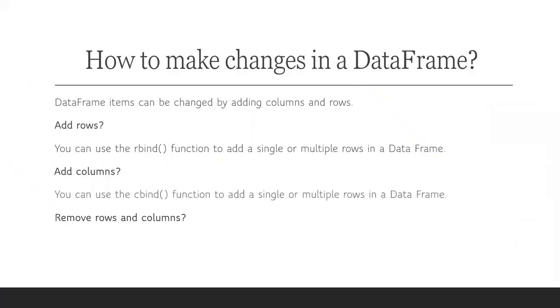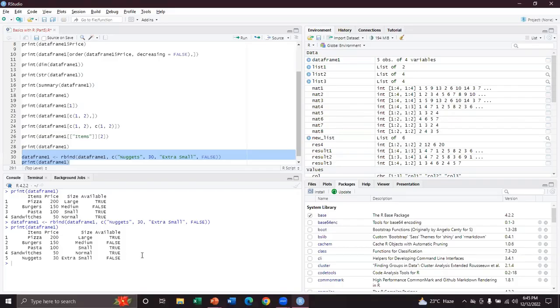Now you might be wondering how you can add columns. So the procedure is quite the same as the previous one, but this time we will use the cbind function. Let's do it.